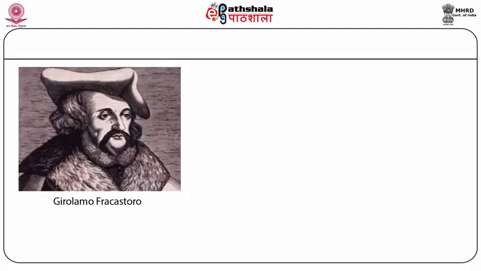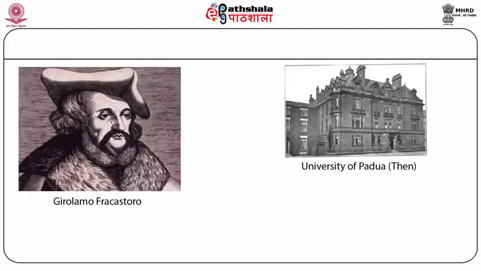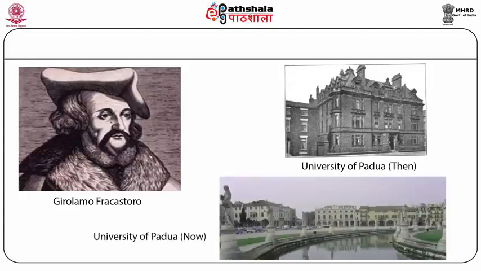Contagion, according to his brilliant conclusion, was too small to be visible to the naked eye, but was responsible for the disease which spreads in a community. It was later that the idea was taken up by others. You also see here the University of Padua in the days of Girolamo Fracastoro, and the same university shown in more recent times.